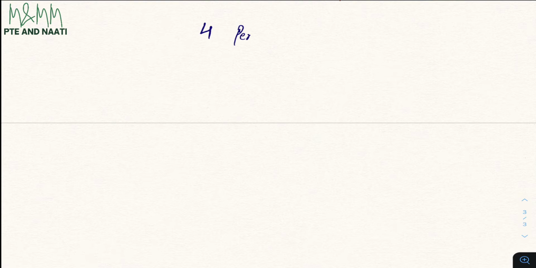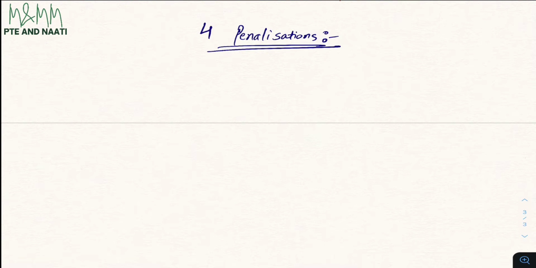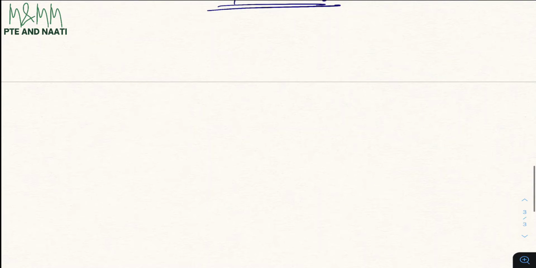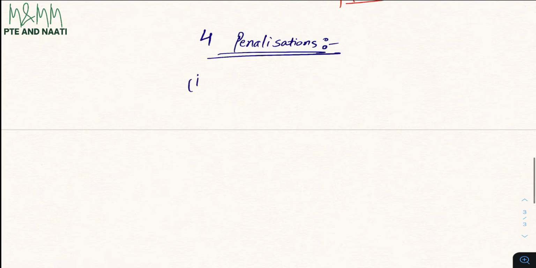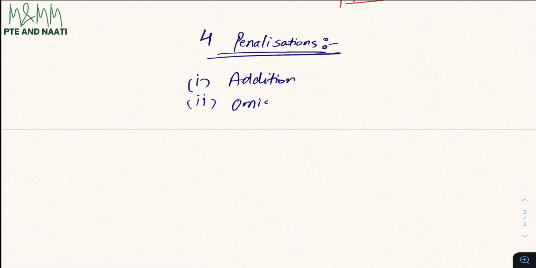Now, there are 4 major penalizations in this particular exam. That means these are the 4 major things in which a computer can deduct your marks. Those 4 different things are, starting with addition, omission. I'll explain what all these things mean. I'm pretty sure it's very straightforward and common, but let's understand addition, omission.